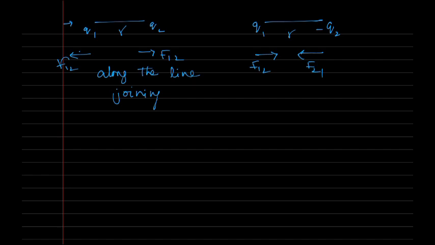What we have clearly observed is that electrostatic forces act either away from the center or towards the center along the line joining the two charges. That is why this electrostatic force is regarded as a central force.